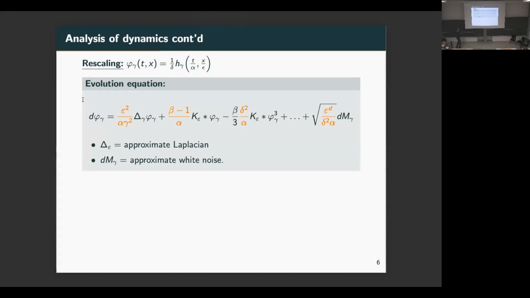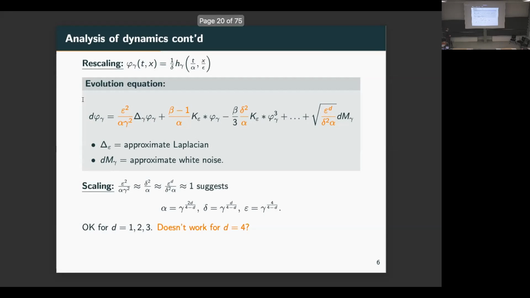If you write it in the correct coordinates, you see something that now looks much more like a stochastic PDE. This here is the martingale term, and I've chosen the parameters so that it looks like an approximation of space-time white noise. This looks like an approximation of a normal Laplacian, and the other terms just look like what they look. This suggests that we should choose these parameters to be all equal to 1.